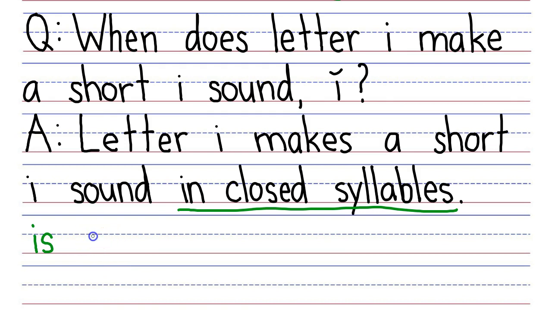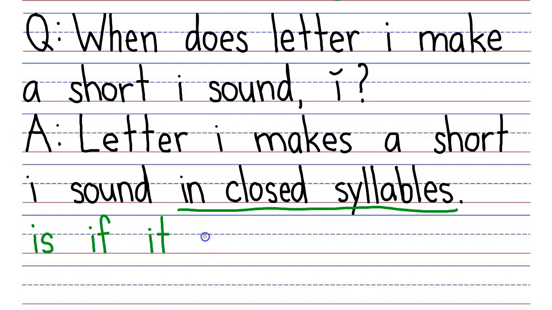If makes a short I sound I, followed by an F that says F. F is a consonant, so I makes its short sound. Next word, it. We have a short I, followed by a T that says T. The T is a consonant, so the I makes its short sound I.